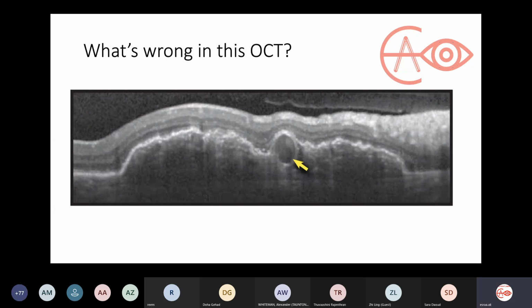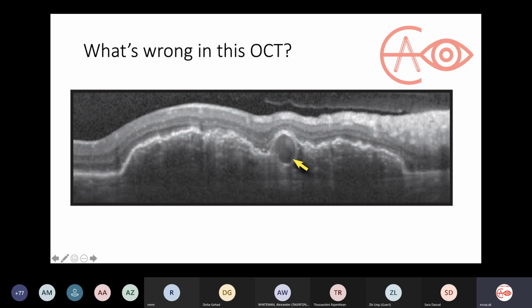Again, if someone can give a description for this image, what are the abnormal signs that you can see here? Very well, the RPE is elevated, yes. We have pigment epithelial detachment. It is irregular. And then we have this tubular structure.